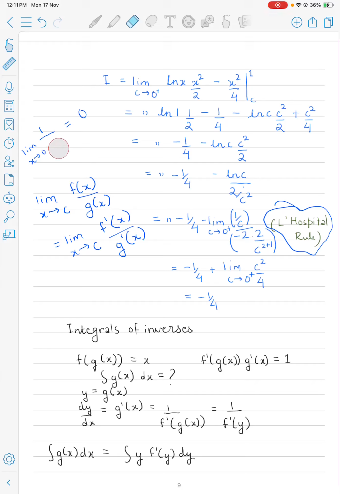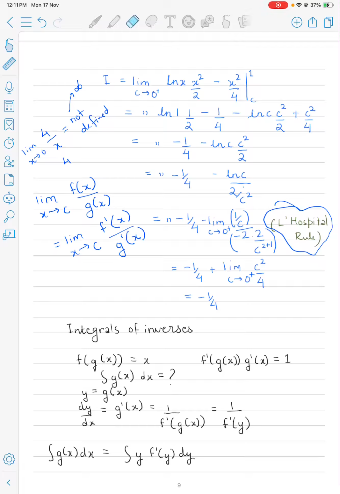Let me think of an example. Check the limit as x tends to 0 of 4 by x. This will be not defined, or it goes to infinity, right?